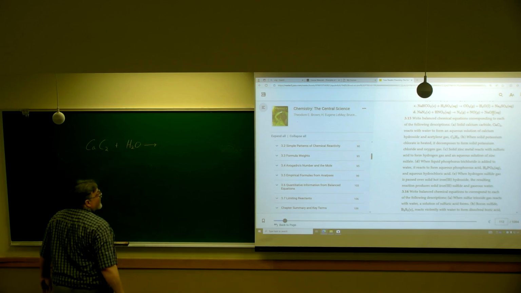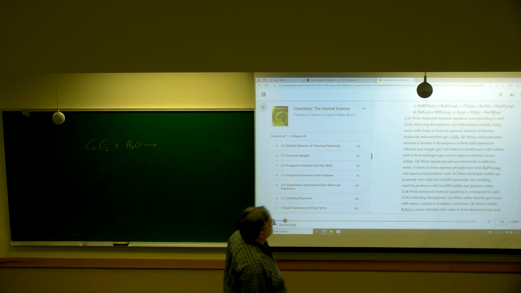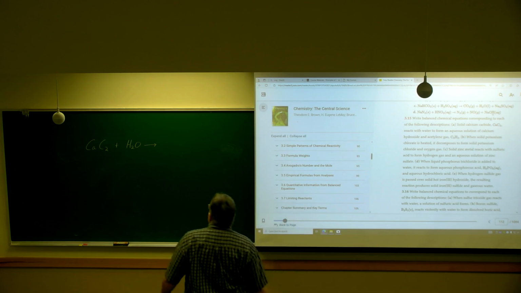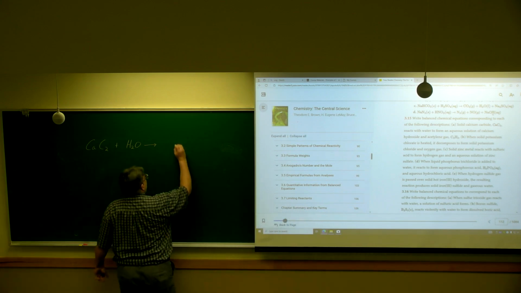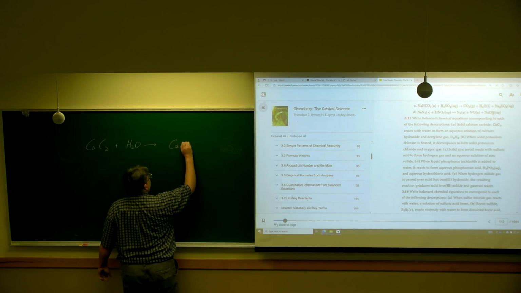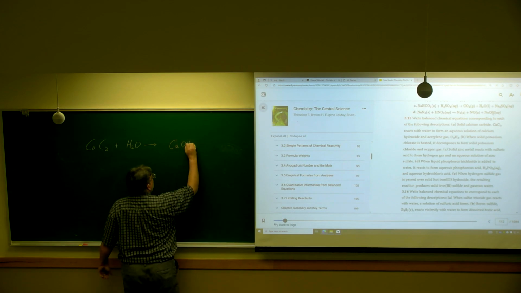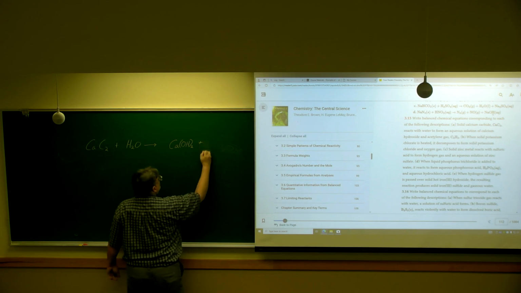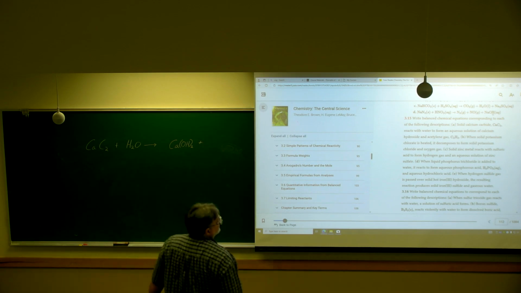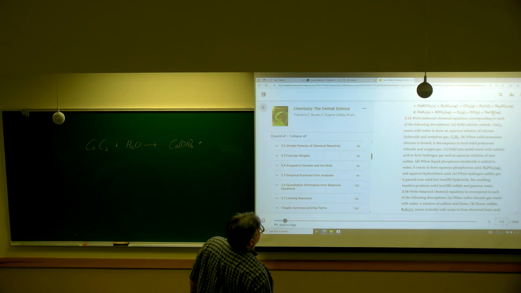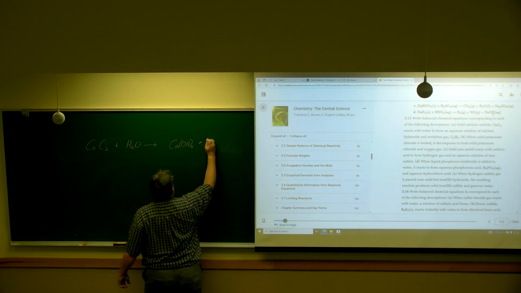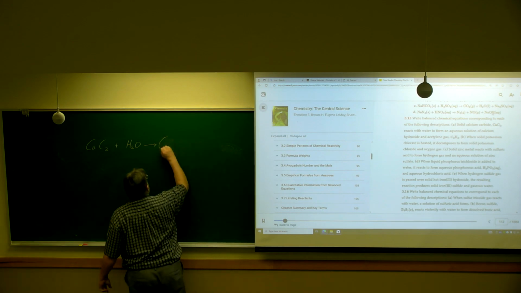That makes calcium hydroxide. So instead of saying calcium hydroxide, I'll say this on a test. That's calcium hydroxide. Plus, what is it? Acetylene, okay. C2H2.